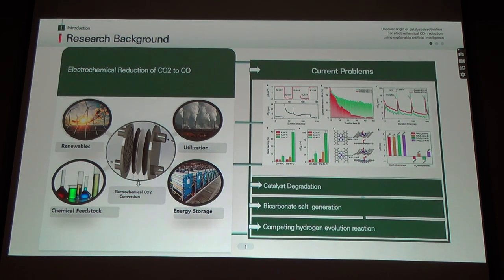What is the main problem of this electrochemical system? Besides the activity and selectivity, one of the problems is catalyst degradation and bicarbonate salt generation. Another problem, which is one of the biggest problems as a scientist that we have got to figure out, is the competing hydrogen evolution reaction.